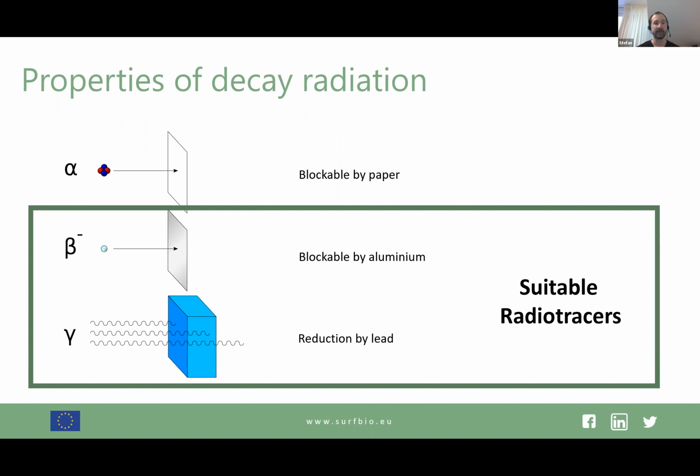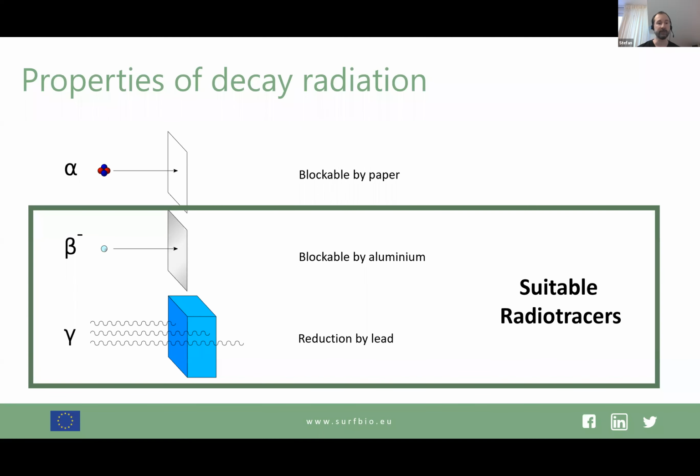The beta minus decay, so the emission of an electron, is still relatively easily blockable, for example by aluminium or some plastic, even a sheet of epoxy resin or something, but it will get out of the sample more easily.